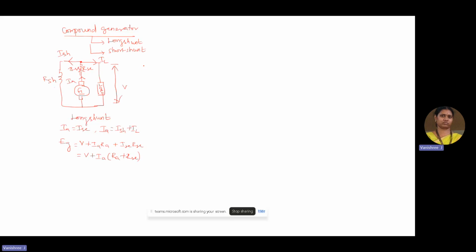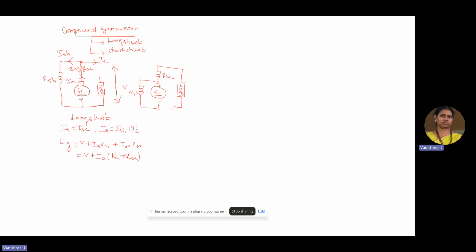Coming to short shunt, the shunt winding is parallel only to the armature, and the series winding is connected in series to the load. So this is RSH and this is RSE.